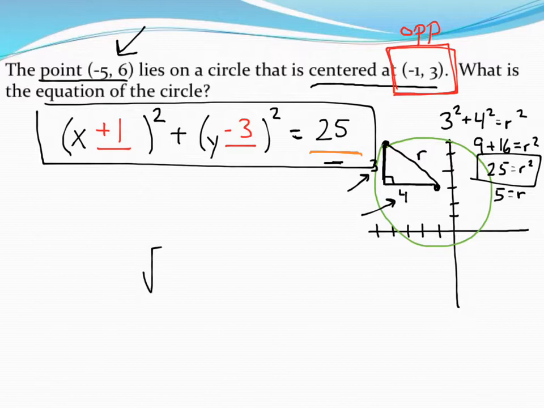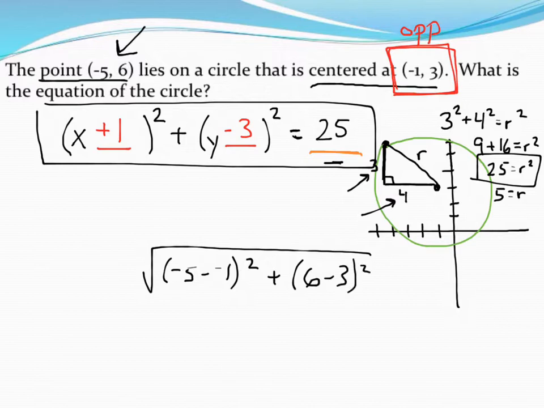So recall that the distance formula was the square root of x1 minus x2, squared. So in this case, I'm going to go -5 minus -1 squared. It's really the same thing as the Pythagorean theorem, plus y1 minus y2 squared, so 6 minus 3 squared. You can go back and watch an old video if you want help with the distance formula.